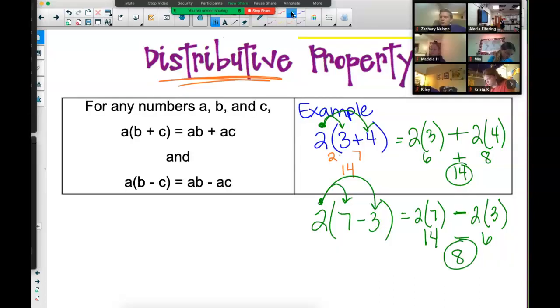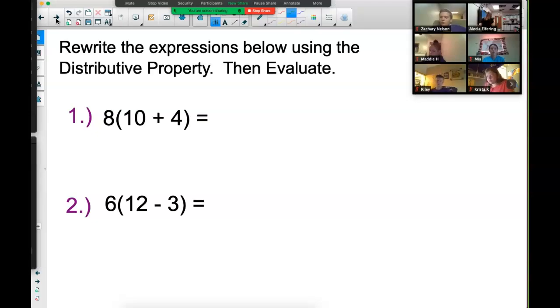So part of your homework is going to be evaluating some expressions, but using the distributive property first. Okay? So let's try this. It's going to look just like this. It says rewrite the expressions below using the distributive property, then evaluate.